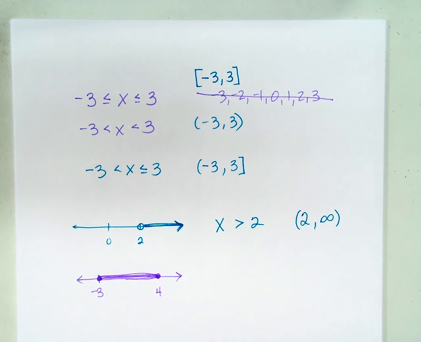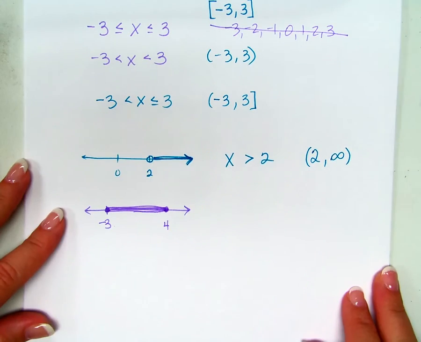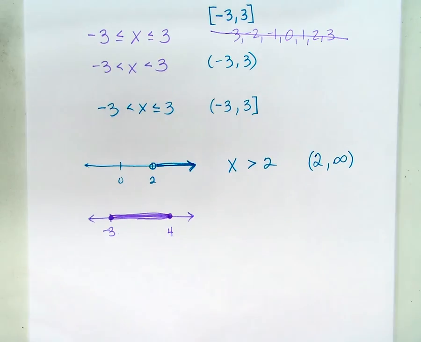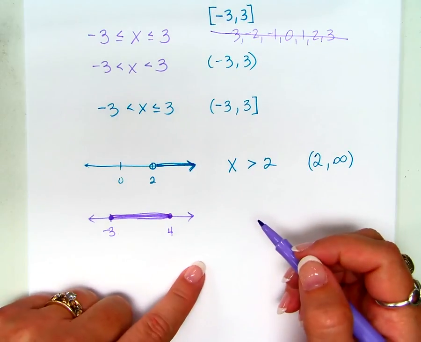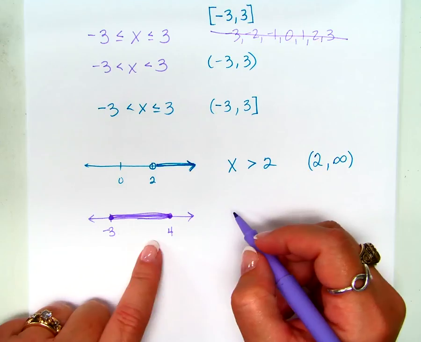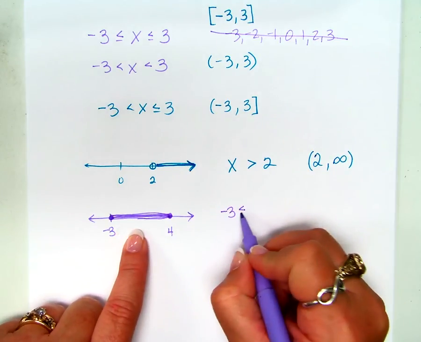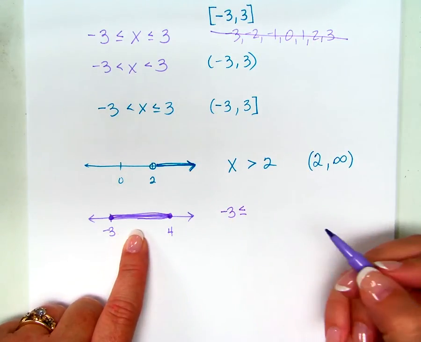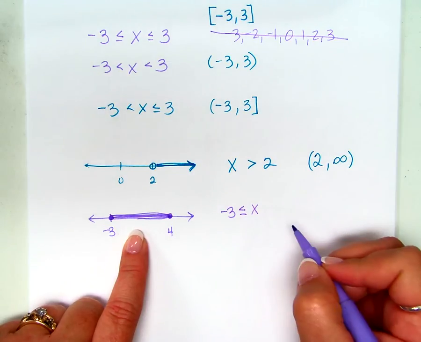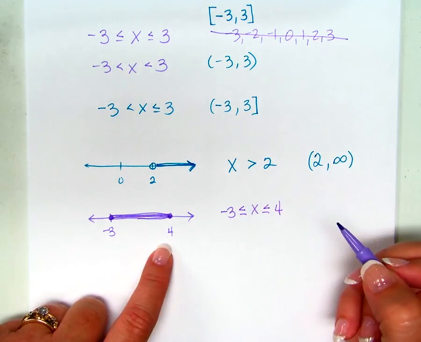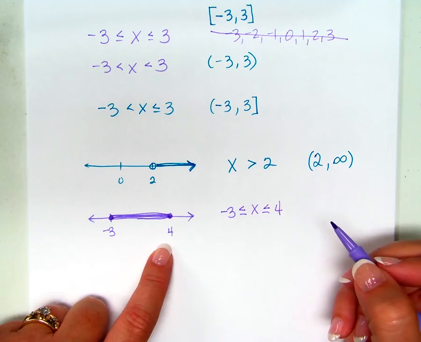How about that? Let me scoot it up a little. How would I write that in inequality notation? Where does it start? -3. Oh, excuse me. Yes. Like that? x is less than or equal to 4. And you put brackets.